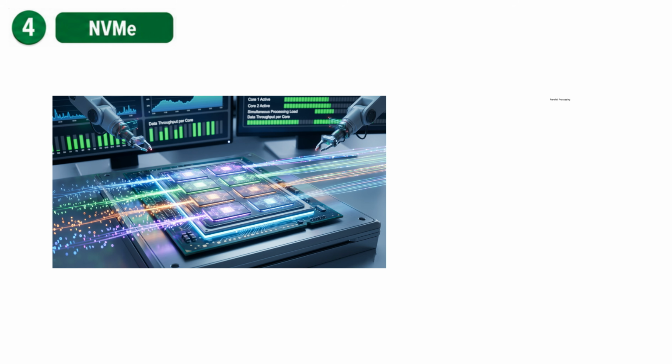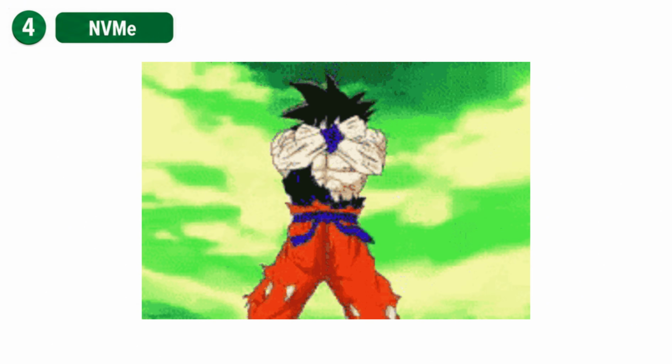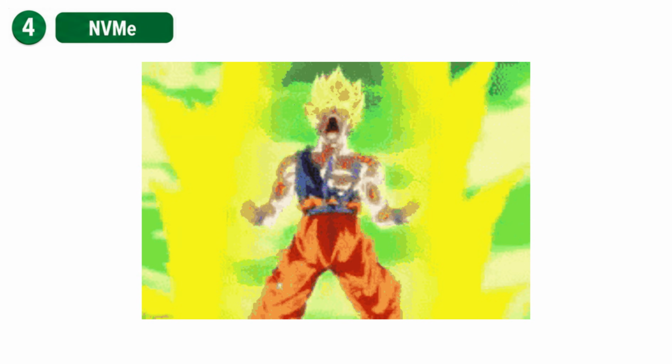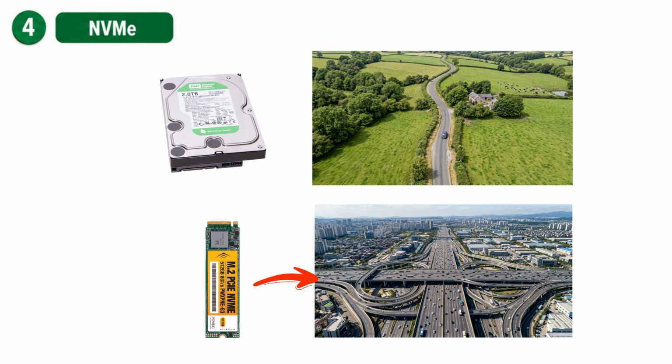This significant boost in parallel processing greatly minimizes bottlenecks. Consequently, it leads to reduced latency, increased input-output operations per second, and significantly enhanced performance during demanding tasks. To put it simply, SATA functions like a narrow local road, whereas NVMe operates like a wide multi-lane expressway.